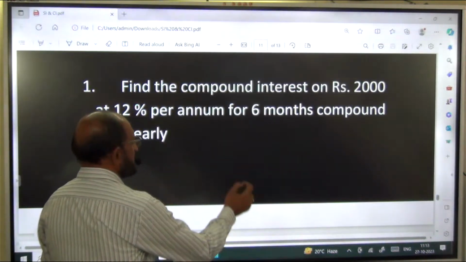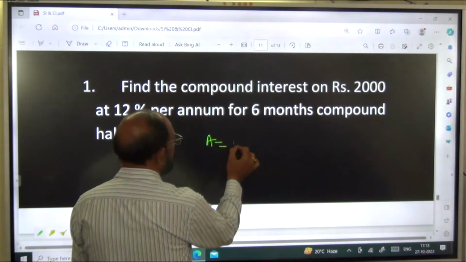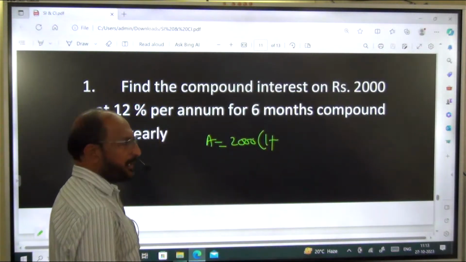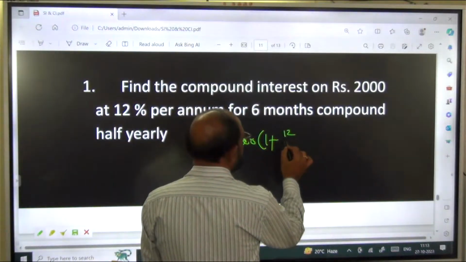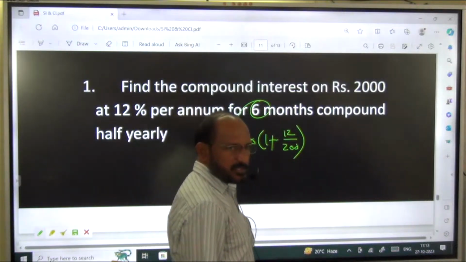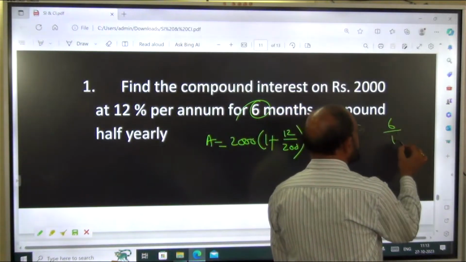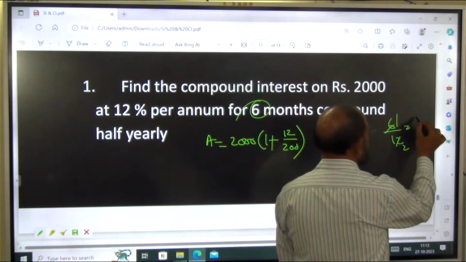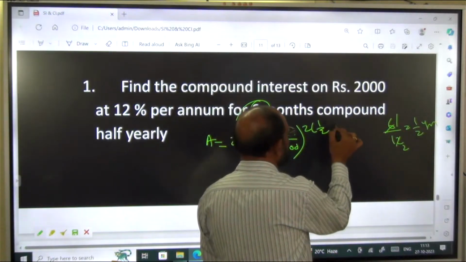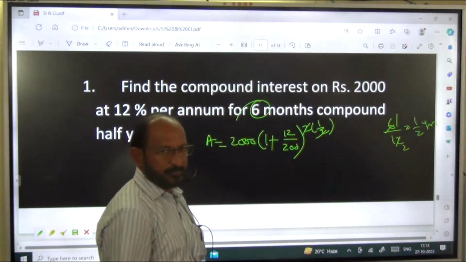Find the compound interest. 2000 rupees. Amount is equal to 2000 into 1 plus R, R means 12, by 200 whole power of 6 months. How to calculate? 6 by 12 years, 6 1 just 6, 2 just 1 by 2 years. So 2n is 2 into 1 by 2. Be careful of that.